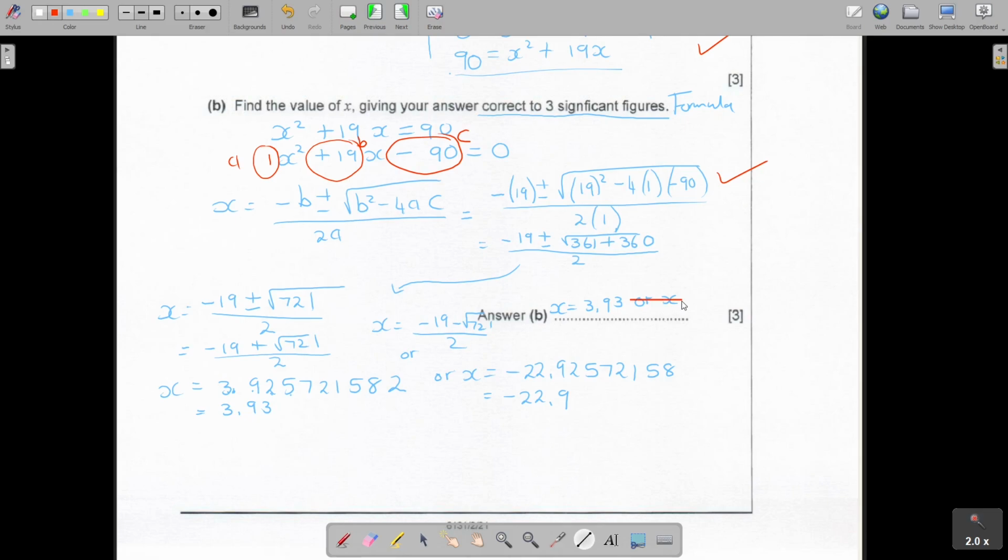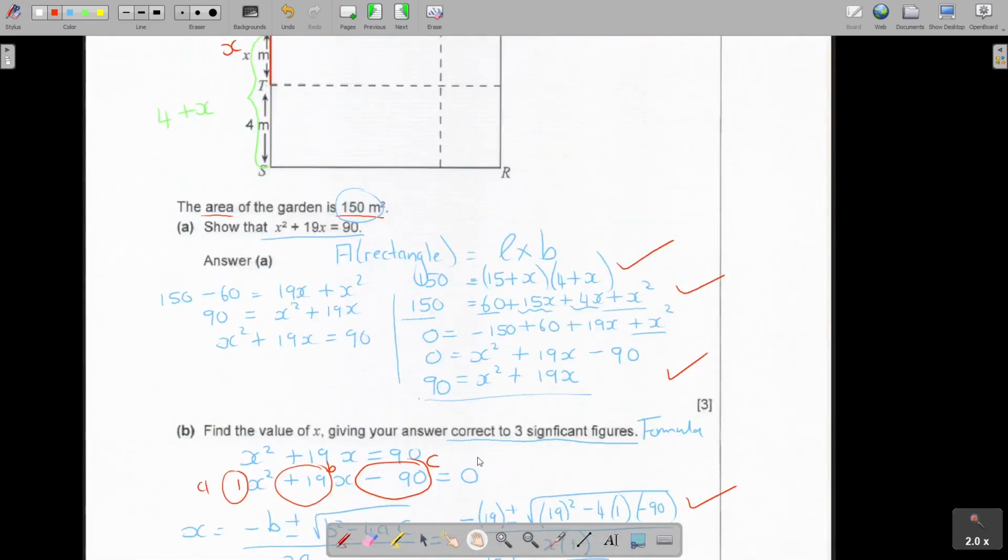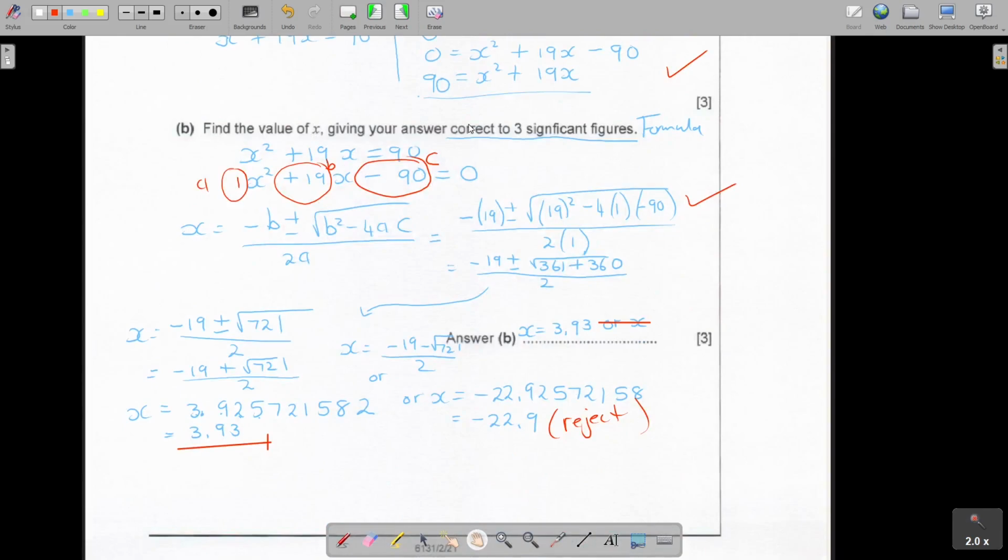There's not an or. That is your answer. This answer you are going to reject. Why? Because the distance cannot be negative. And that will be the only solution. But work out both, and don't forget, if it was just a normal question and not in terms of a practical example, you would have written both answers.